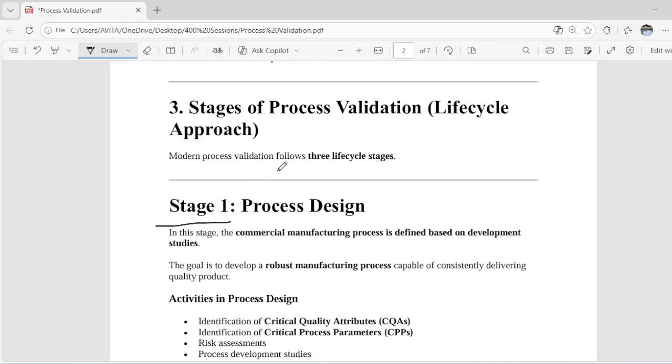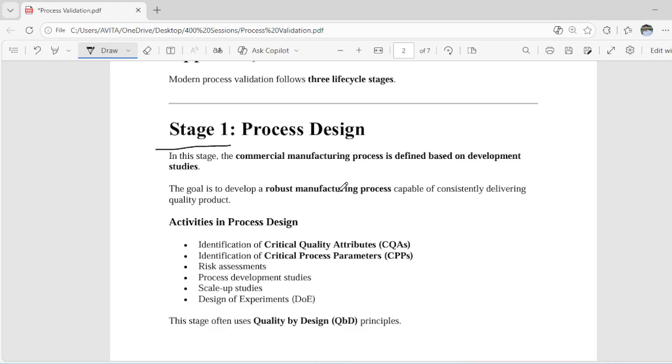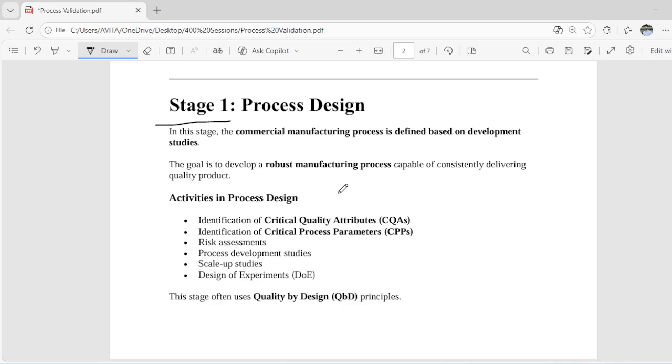Modern process validation follows three life cycle stages. First, process design. In this stage, the commercial manufacturing process is defined based on the development studies. The goal is to develop a robust manufacturing process which is capable of consistently delivering the quality product.